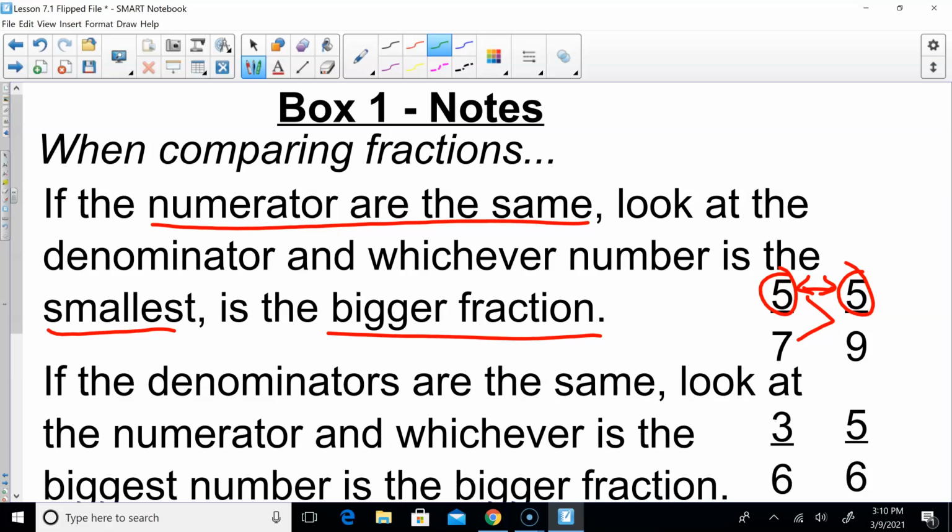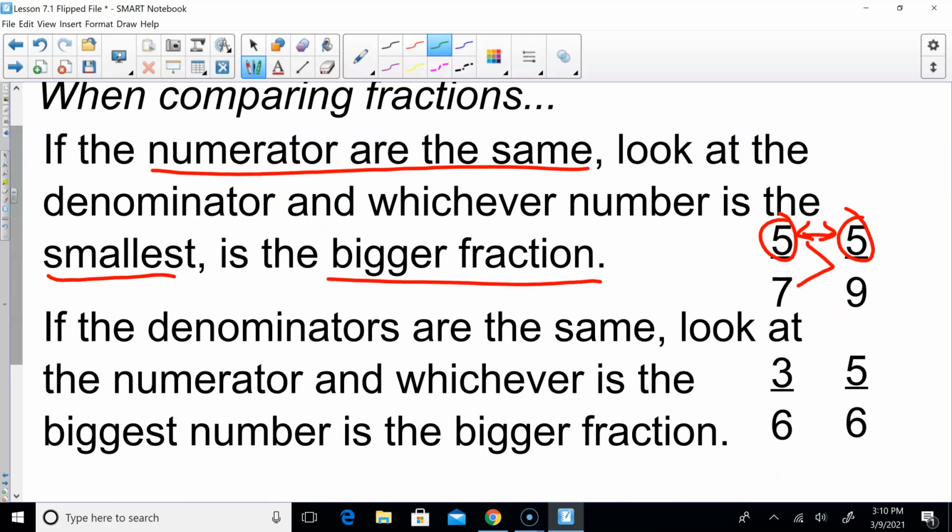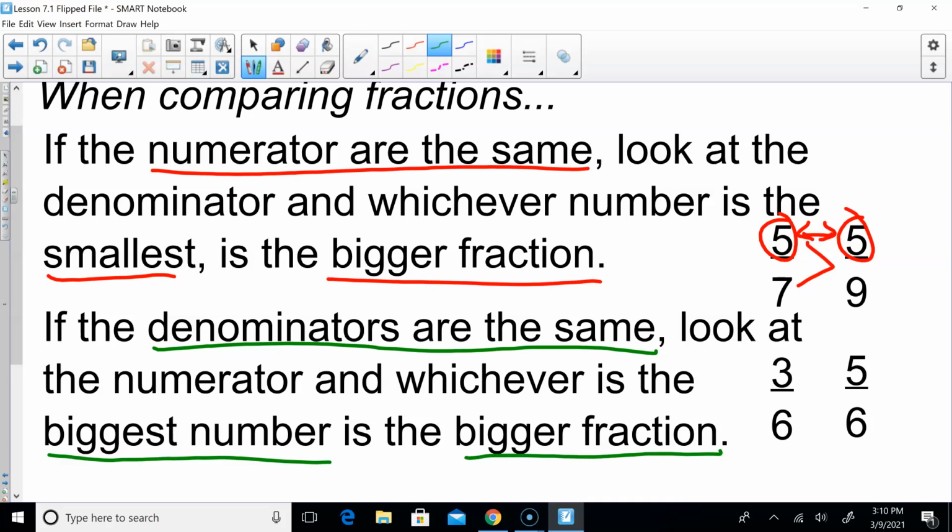Now we're talking about the bottom part. It says if the denominators are the same, we have to look at the numerator, and whichever is the biggest number is the bigger fraction. This one's a little more straightforward because the size of the pieces is the same.